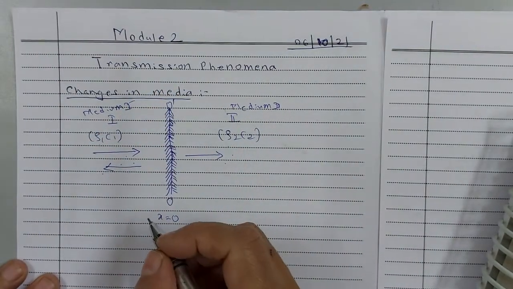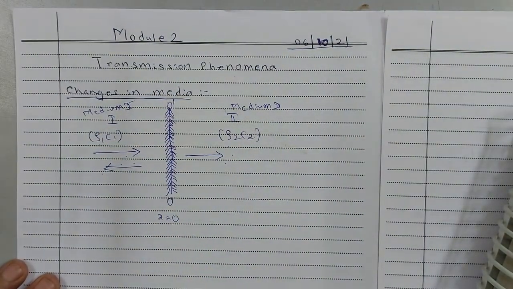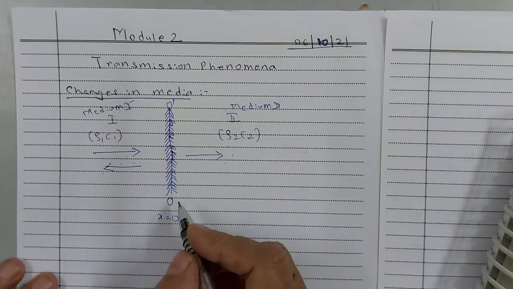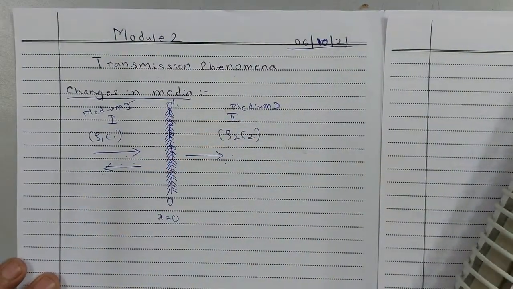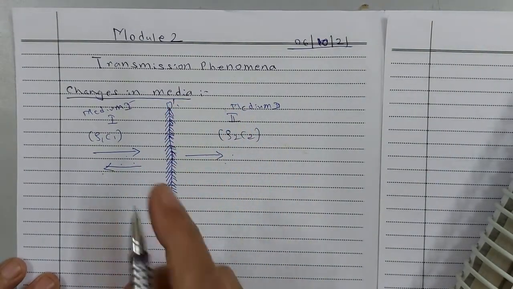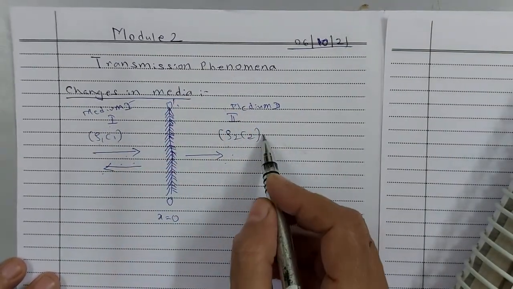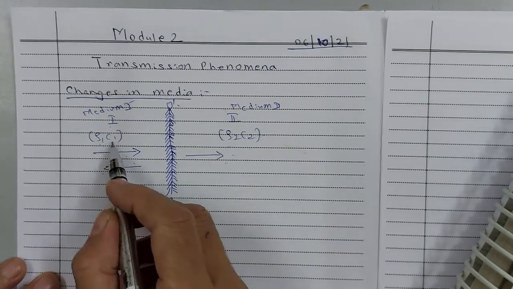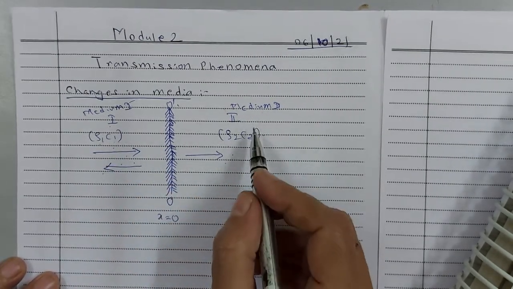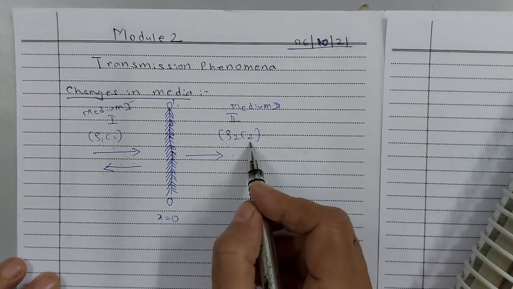Fine. So in this case, suppose I say that OO dash is the plane of the boundary between medium 1 and medium 2. Medium 1 has characteristic impedance rho 1 C1 and medium 2 has characteristic impedance rho 2 C2.